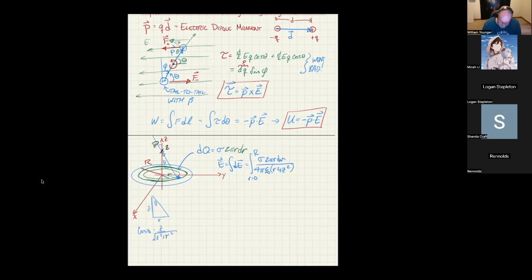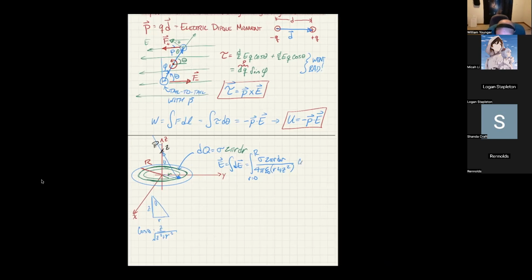That's what the cosine is. So we've got a z in there. That works okay, but the problem is we've got this cosine theta in there, and that is a function of r.